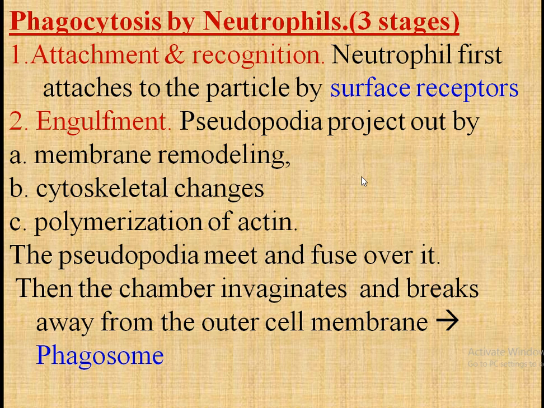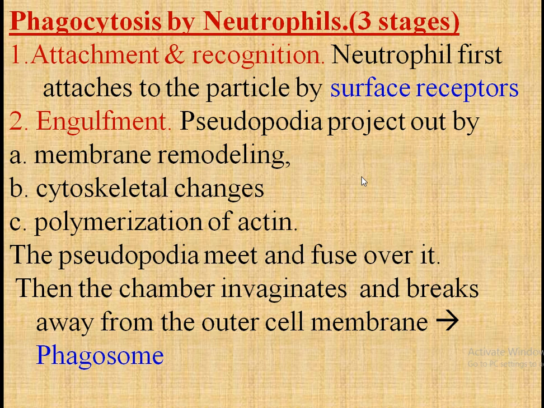Now the next thing is how phagocytosis occurs through neutrophils and macrophages. Through the neutrophils, number one thing is attachment and recognition. For recognition, I have already told you that if there is a smooth surface, it is not attractive.